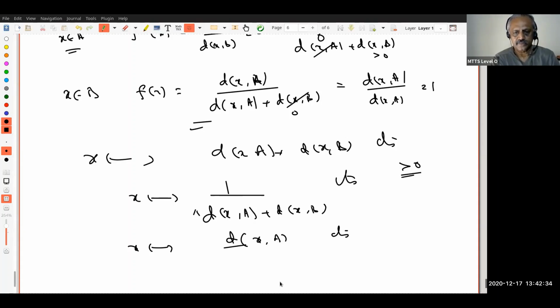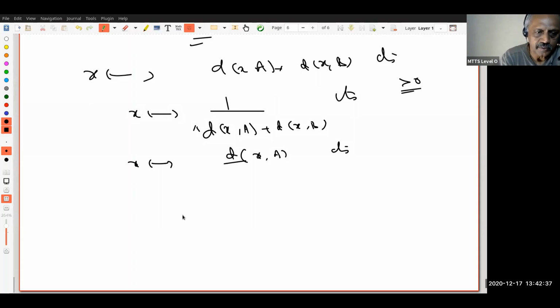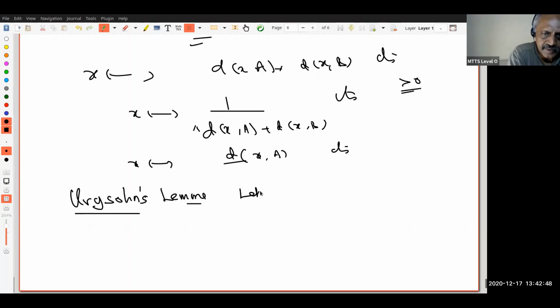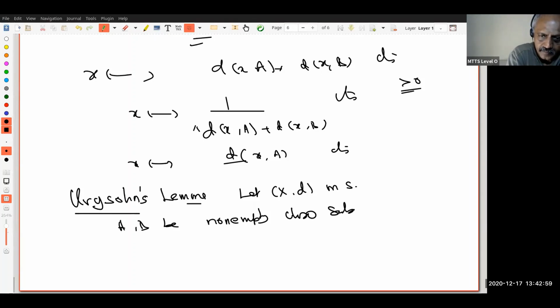Therefore, what have we proved? We have proved a famous result due to Urysohn, but he proved it in a much more general case, which is usually known as Urysohn's lemma. Let (X, d) be a metric space, A and B be non-empty closed subsets of X such that A intersection B is empty.